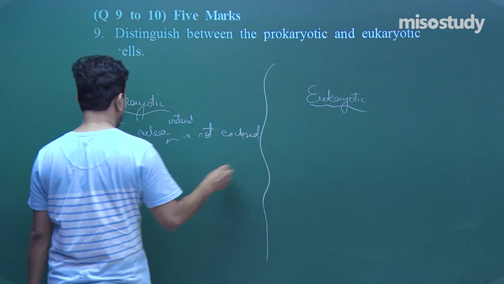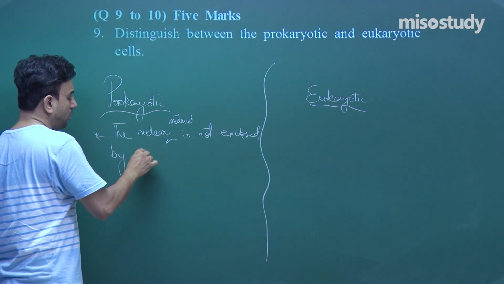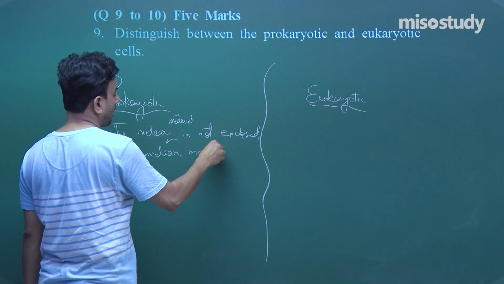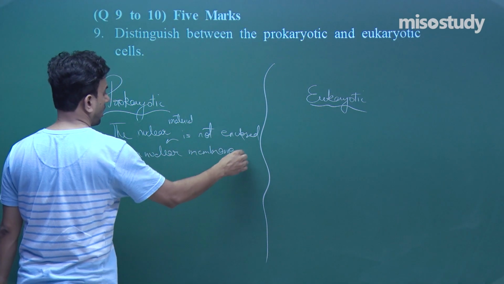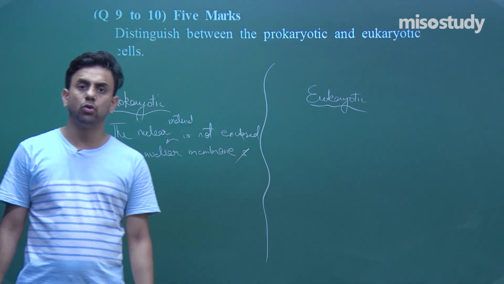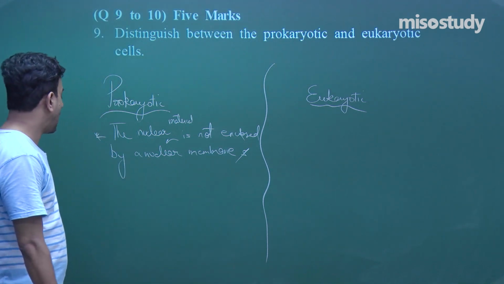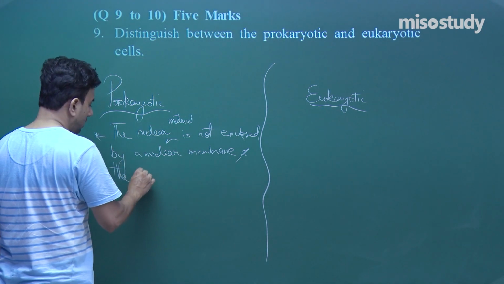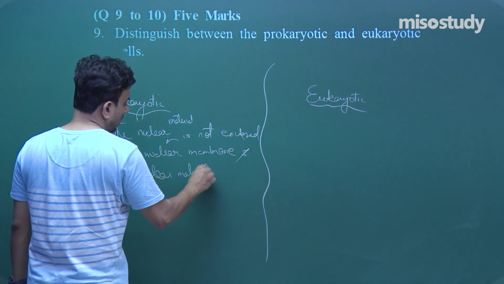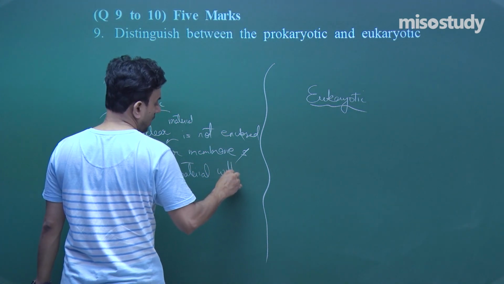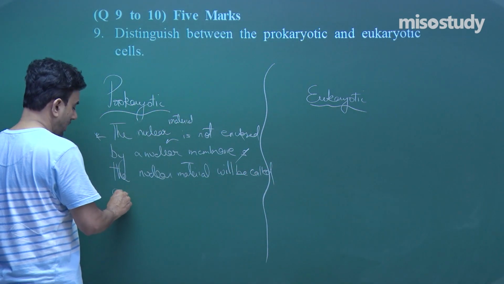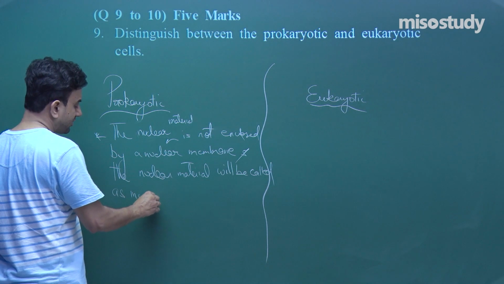by a nuclear membrane, and the nuclear material will be called a nucleoid or a genophore or an incipient nucleus.